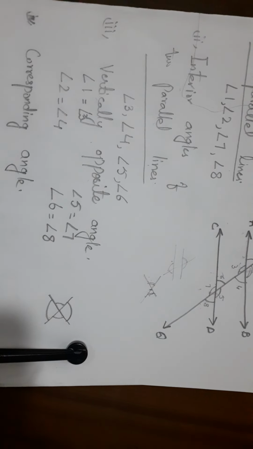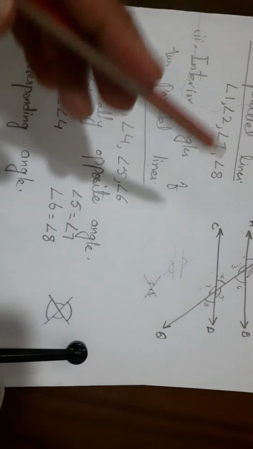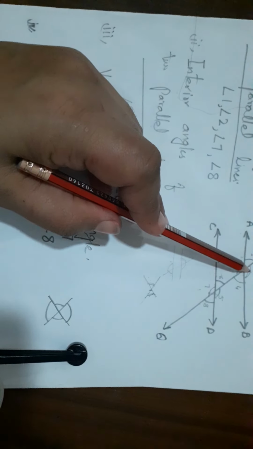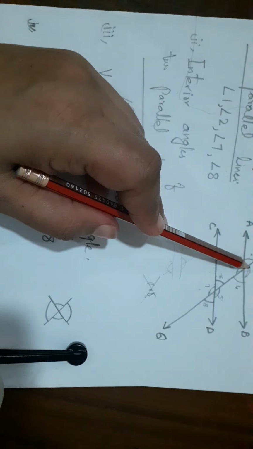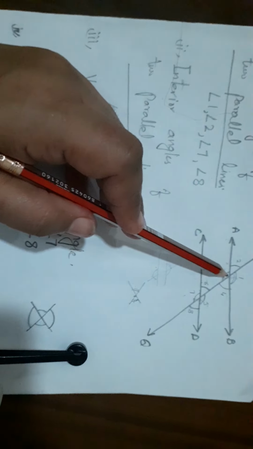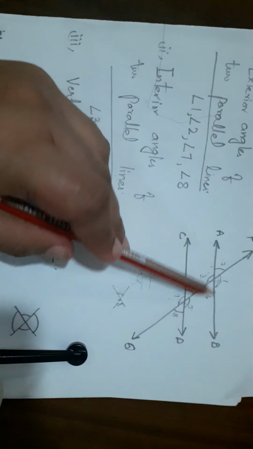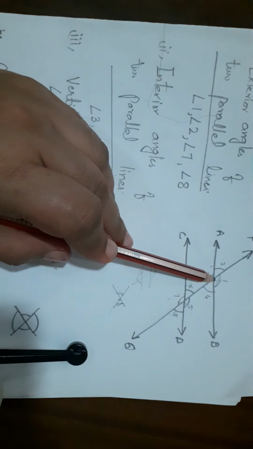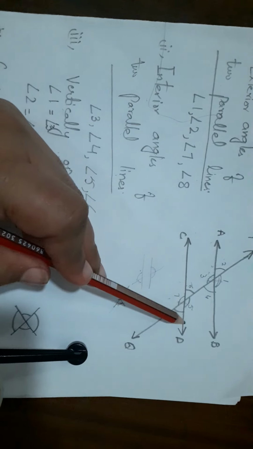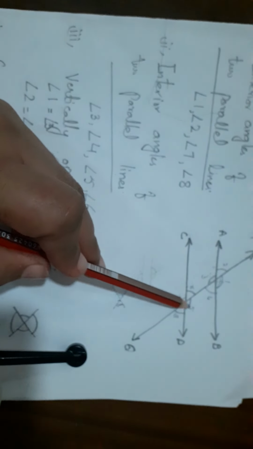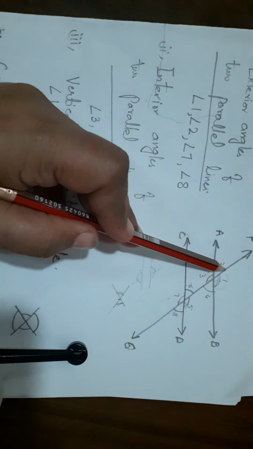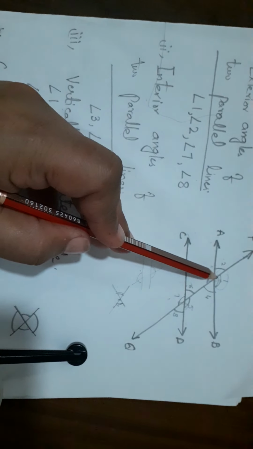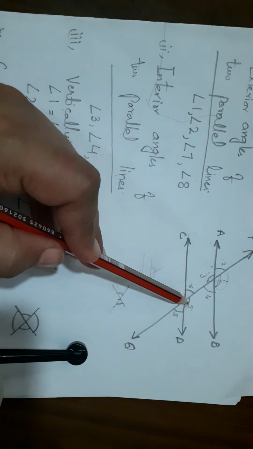Okay, now the corresponding angle. What is the corresponding angle? Check that the first angle of line A will be angle 1, and the first angle of line B will be angle 5. That is, one is on the upper line, the outer, and the other on the lower line, the inner.